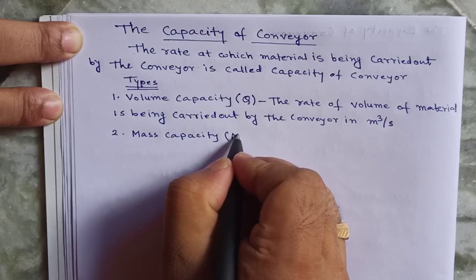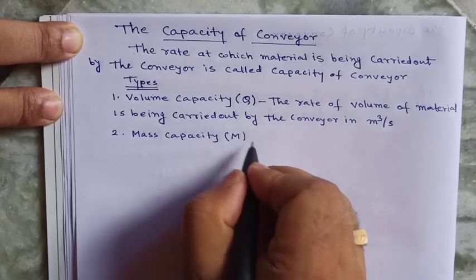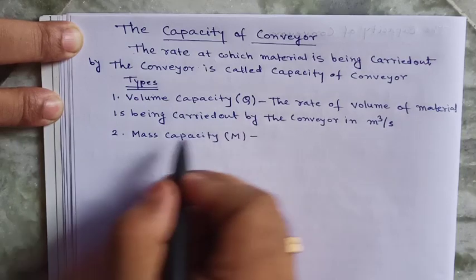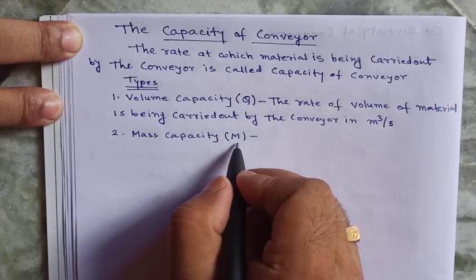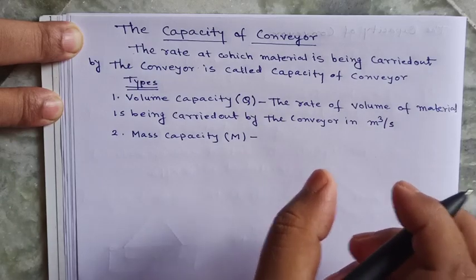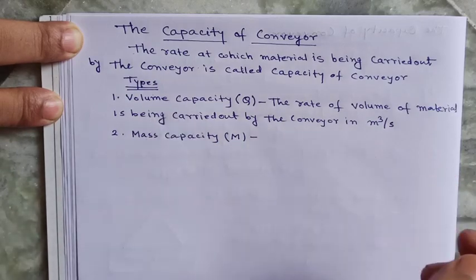Second is the mass capacity, which is denoted by capital M. Now volume capacity is denoted by Q and the mass capacity is denoted by capital M. It is the amount of mass that can be transferred by the conveyor.